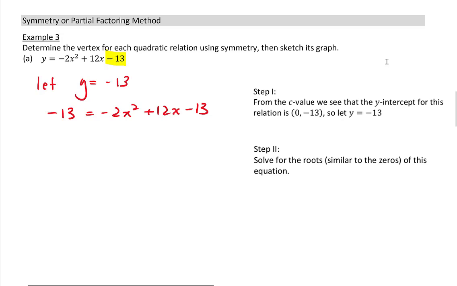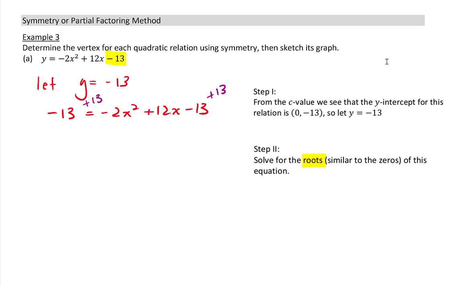The second step is using this equation, we're going to solve for the roots. And this is a similar thing as solving for the zeros. So to do this, we are going to get rid of the -13 from the one side. So to do that, we're going to add 13 to both sides.